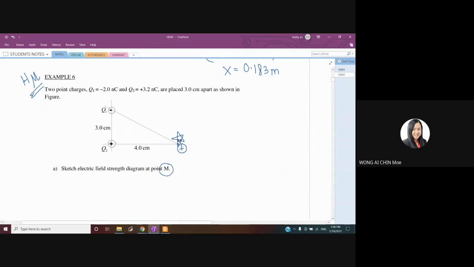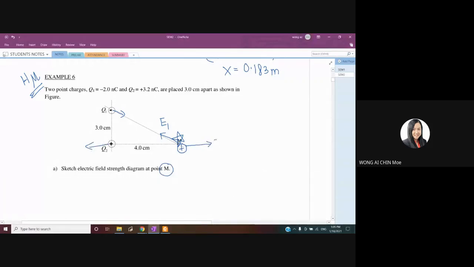Q1 and Q2 mean that we have 2E. Q1 is negative and our test charge is positive, so negative and positive, our test charge will attract. This one, of course, will go down. So this one is E1. Positive and positive is a repulsive force, so our test charge will be pushed away by Q2.